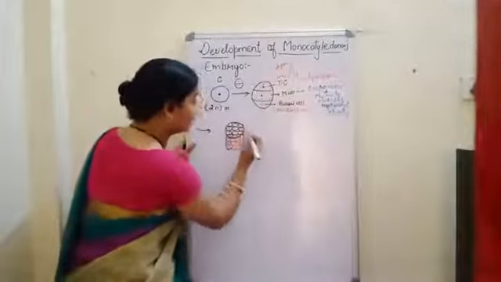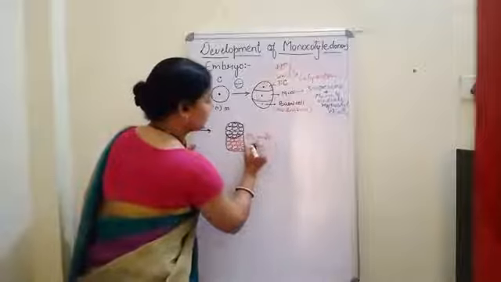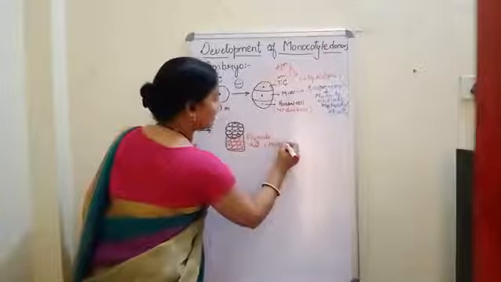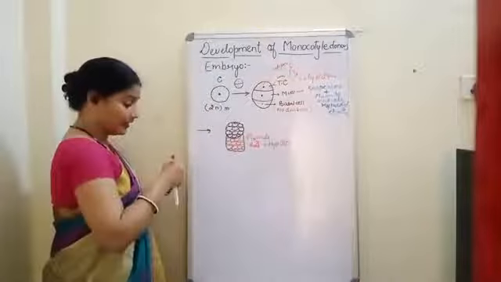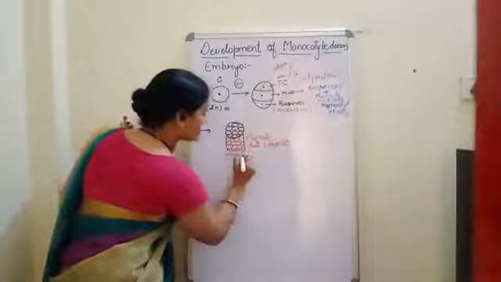For example, they will give rise to plumule plus radicle plus hypocotyl, epicotyl and everything. Then they will give rise to a small suspensor.